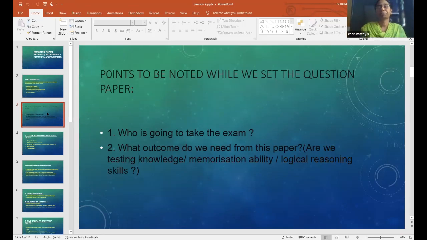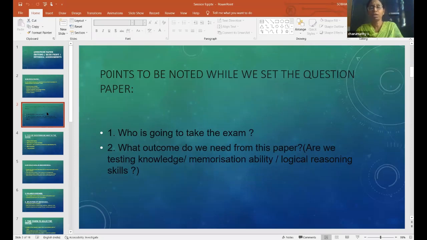And one more thing, the number of questions that you set is also very important. You have to limit yourself. Too many subdivisions should not be given in the question paper. For example, when you take 2 mark questions, you give the marks as 5 into 2, 10. So 2 mark questions, you're going to give 5 questions.